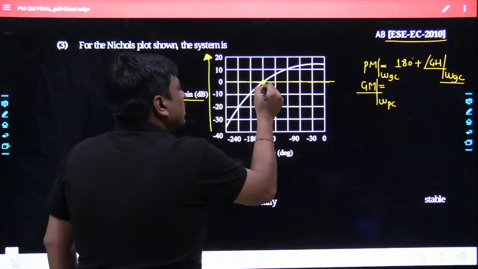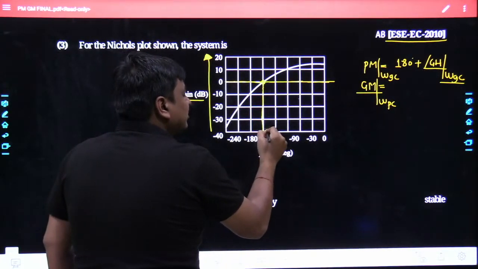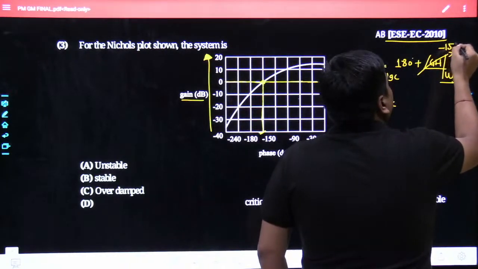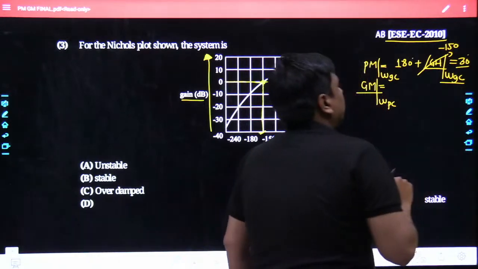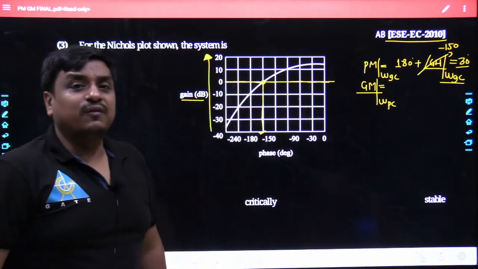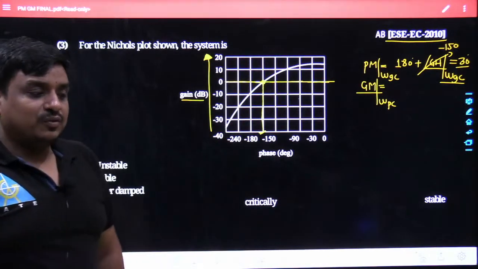What you would do is take a vertical line. The exact angle which has been offered by the system is nothing but minus 150 degrees. And once you add them together, the result is going to be plus 30 degrees. So easily with the help of the Nichols chart, you got to know the value of phase margin, which is equal to 180 minus 150, equal to 30 degrees.